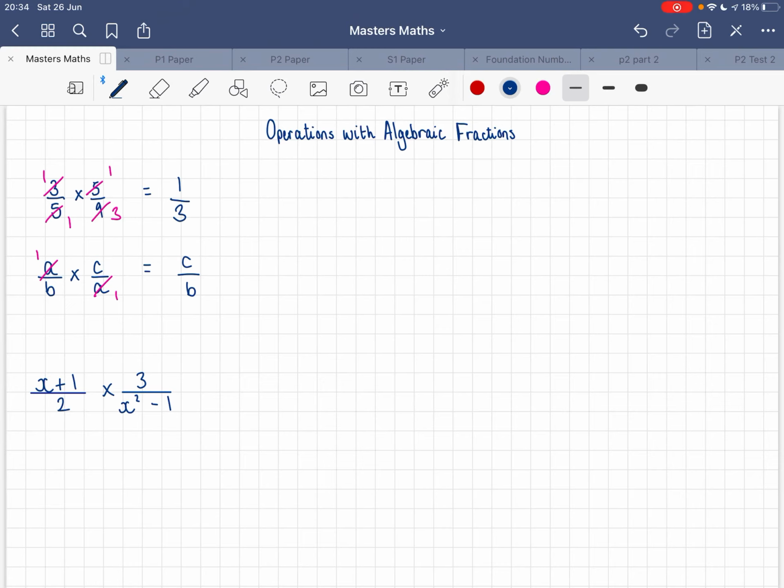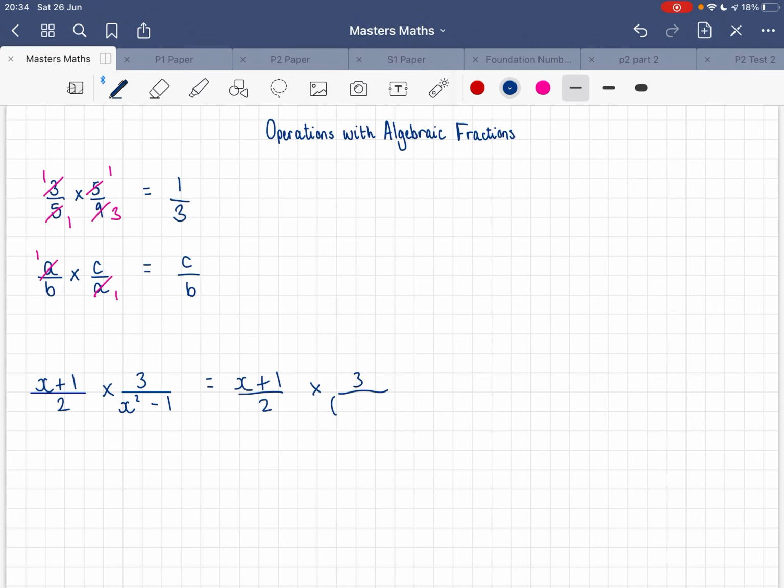And then this one is going to take a few more steps. x plus 1 over 2, there's nothing we can do there, but 3 over x squared minus 1: x squared minus 1 is the difference of two squares. x squared is a square number, and 1 is a square number, and it's a difference because it's subtracted.